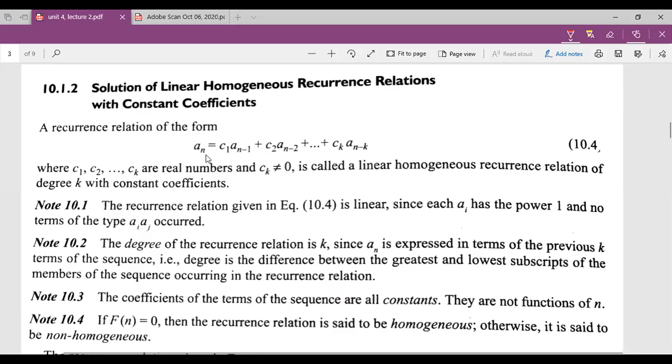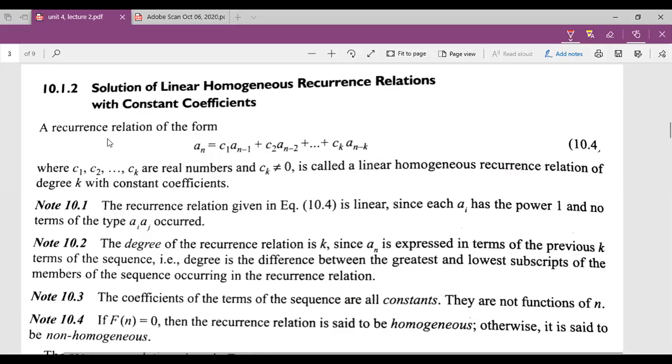Here the greatest subscript is n and the lowest subscript is n minus k. The difference of these two, n minus n minus k, is equal to k. So the degree of this recurrence relation is k. That's why it is given as degree k with constant coefficients.